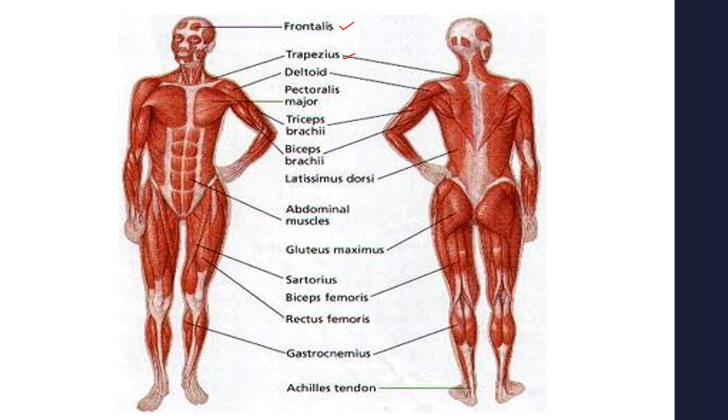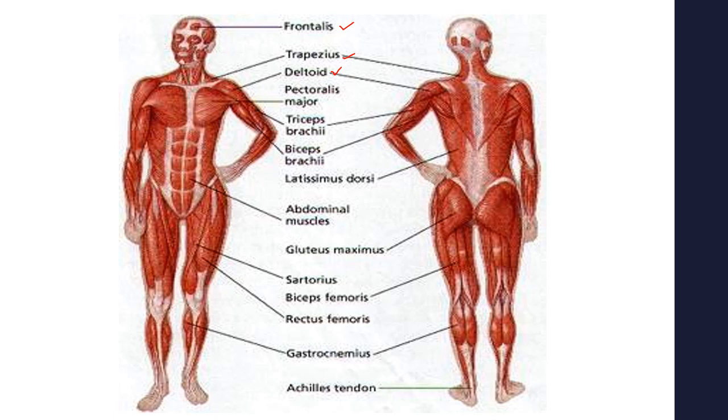Then you have your trapezius, a very large triangular shaped muscle, found in the posterior, towards the back of your body, and often involved in the movement of your head and shoulders.